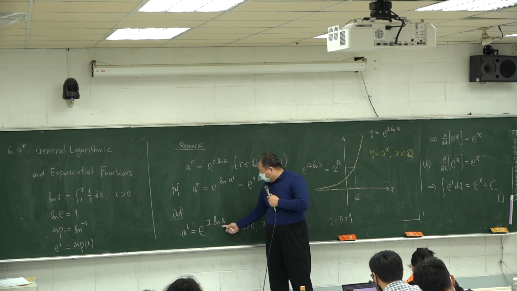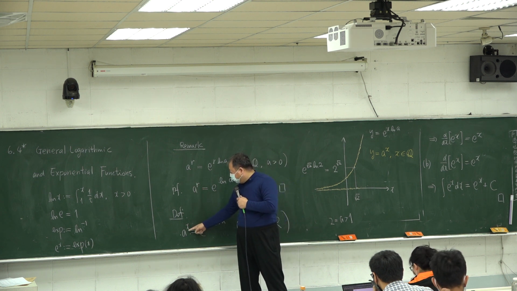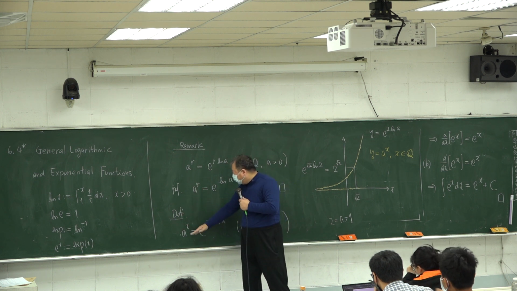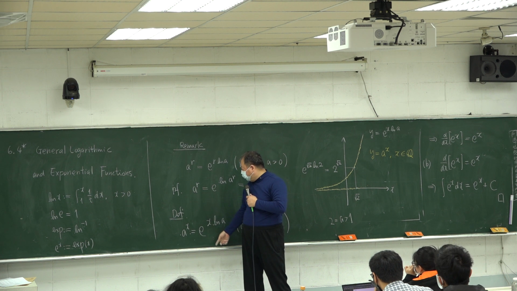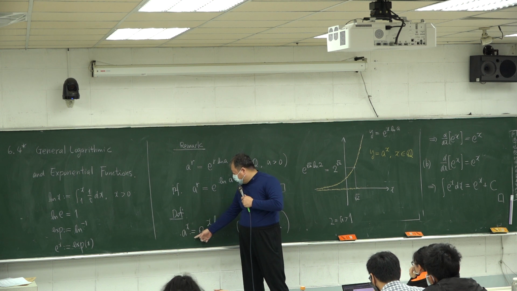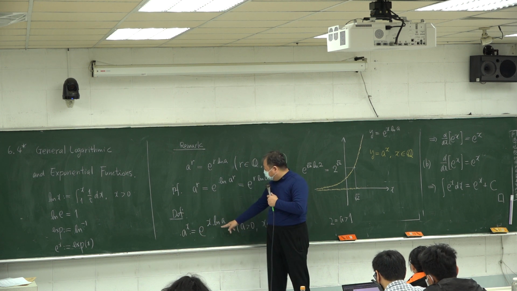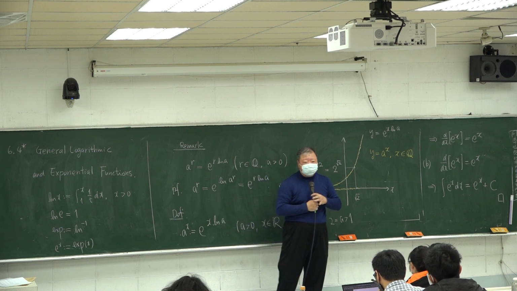So here, for rational numbers it is defined, but for irrational numbers, here, undefined. We can define a to the x in terms of the natural exponential function and the natural logarithmic function.